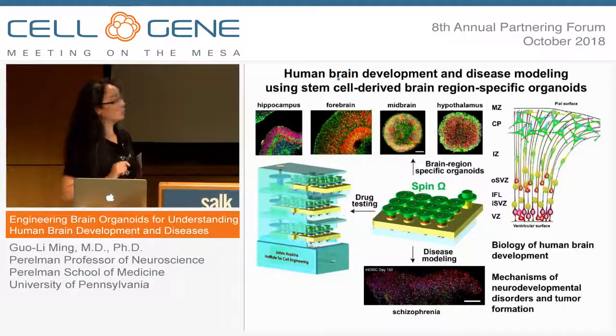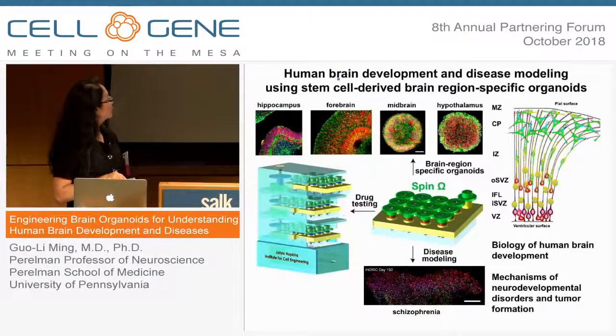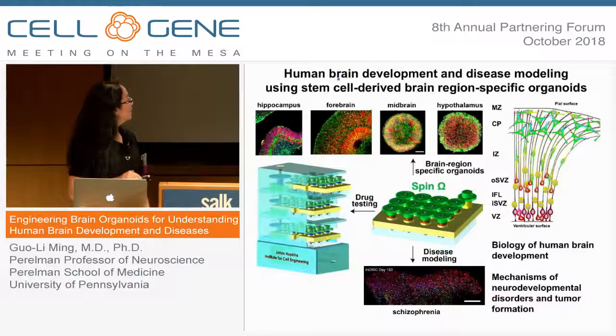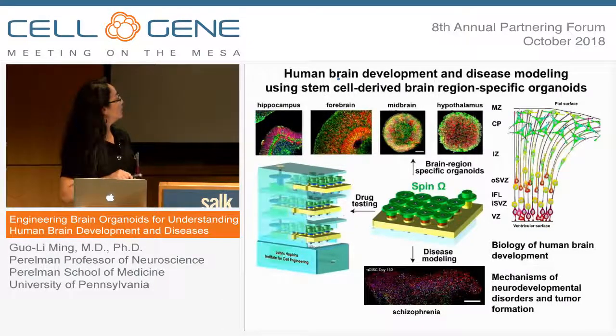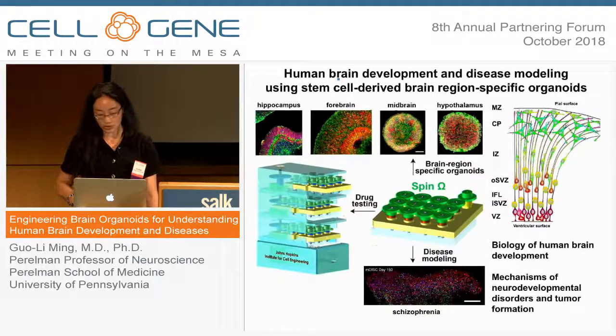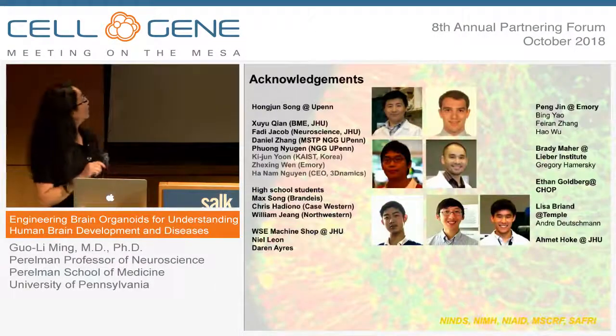In this case, I give you an example: we can identify layer maturation, layer specification, and early phenotype in these organoids in schizophrenia or major mental disorder conditions. So with that, I would like to conclude and acknowledge the people.